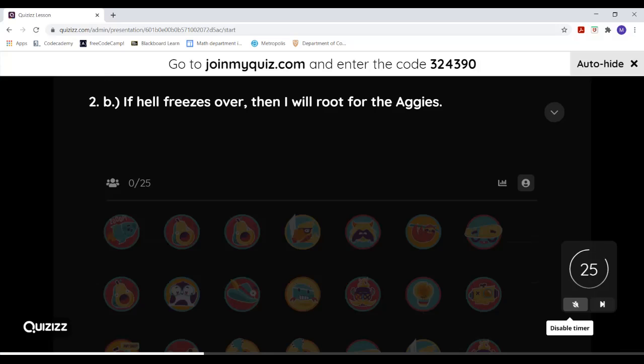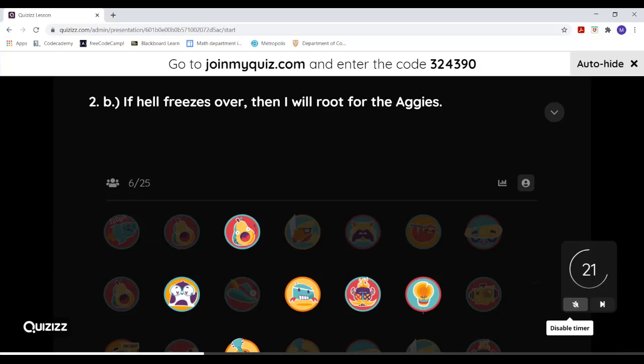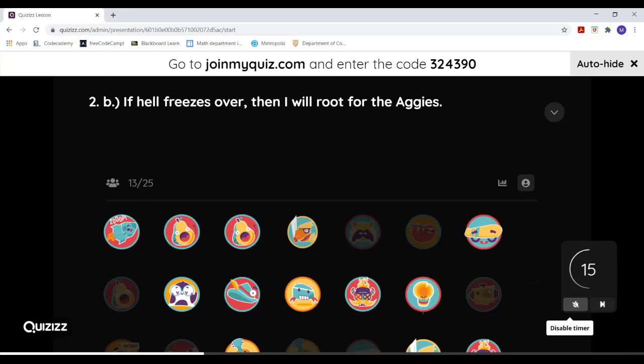That's an appropriate question. If hell freezes over, then I will root for the Aggies. Okay, so this is about getting the if-then statement Venn diagram down.